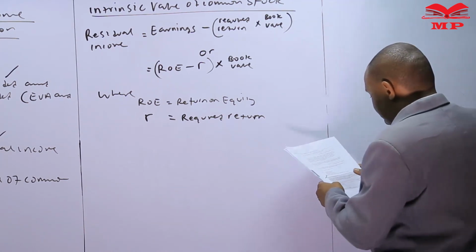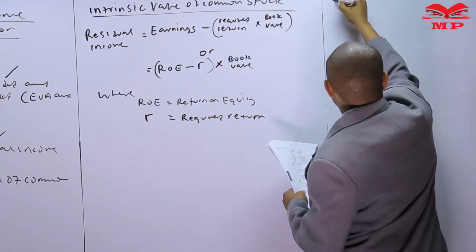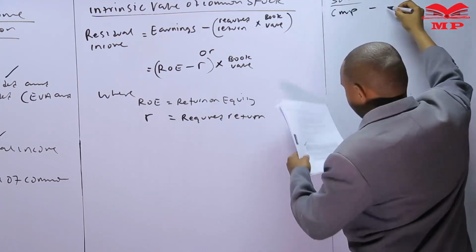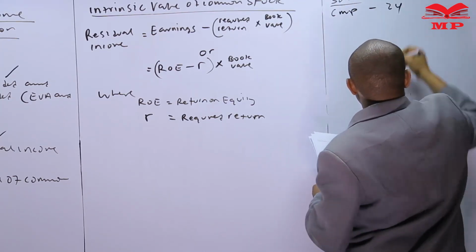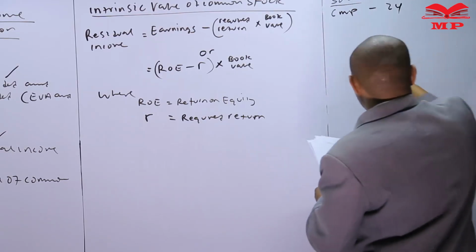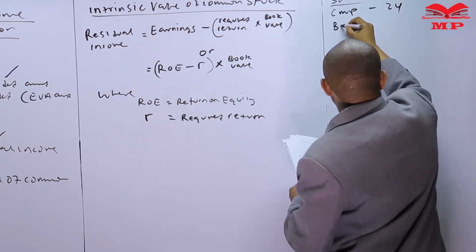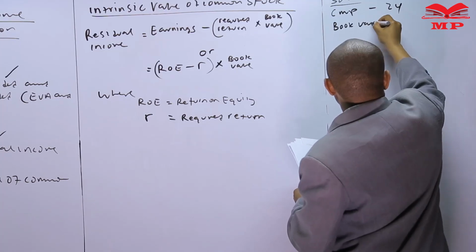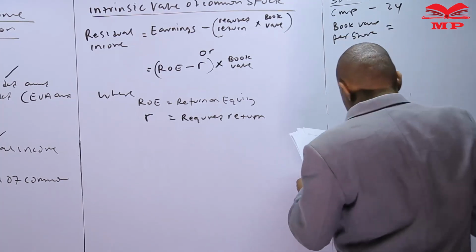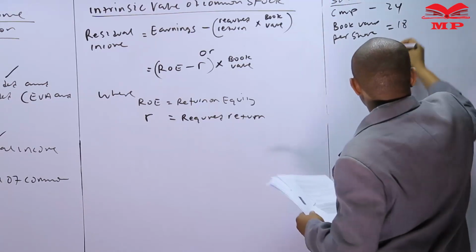So we have the current market price, given as 24. We also have the current book value per share, given to us as 18.